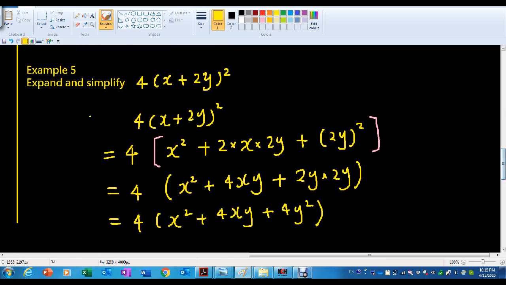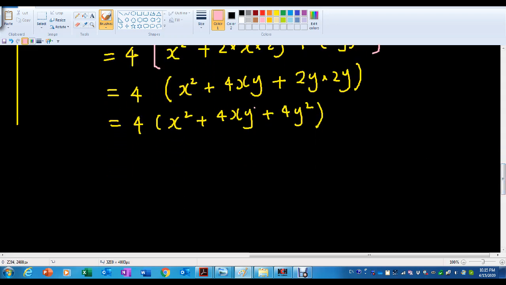Remember the question is about expanding, so you need to expand all the brackets. So in this step you still need to multiply that 4 into the bracket as a way to remove the brackets.